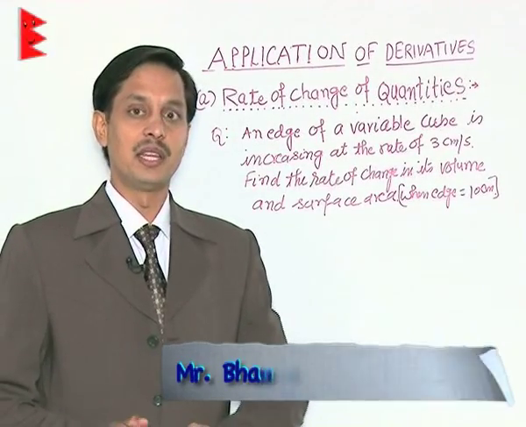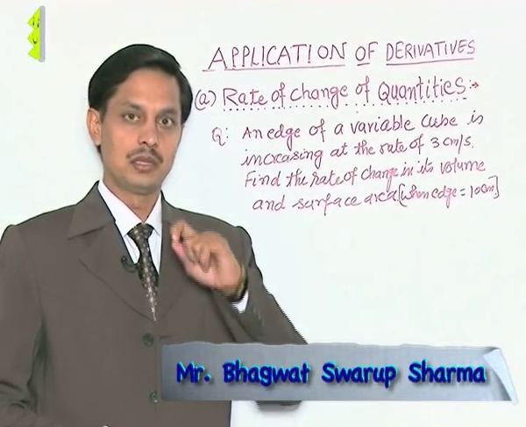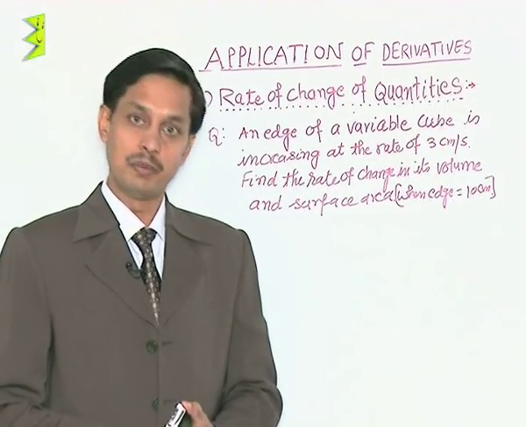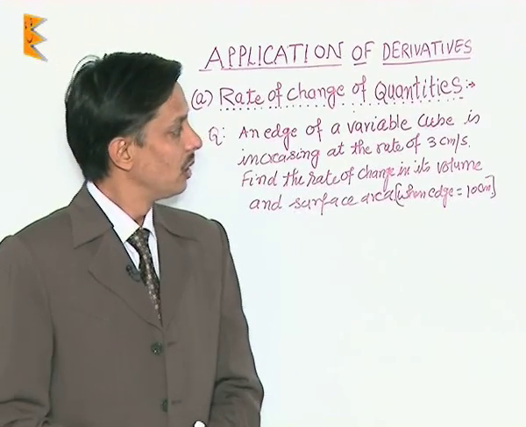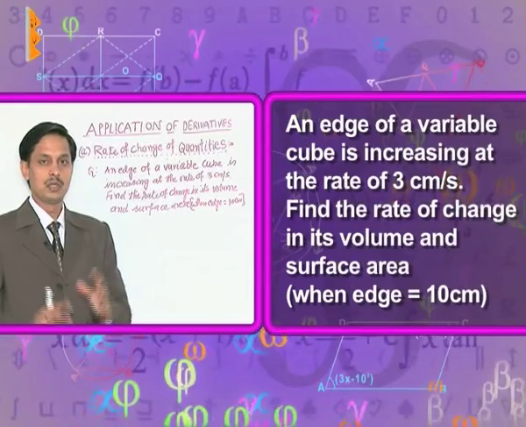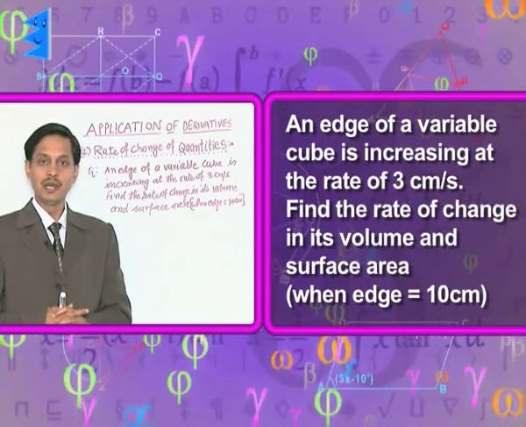Now, I am taking another example where the proper use of the derivative as rate of change will be applied. The question is: the edge of a variable cube. A cube we are very much familiar with.